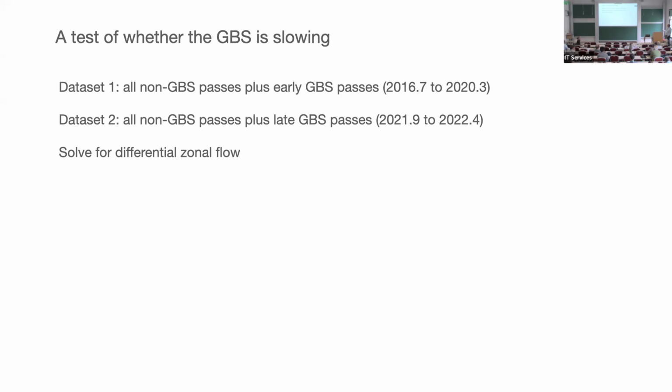One, which is essentially the same as what I already showed you, where we solve for the flux velocity using the first 32 passes. And then in the second solution, I'm going to drop out the early Great Blue Spot passes and only use the later Great Blue Spot passes. We're using all the other passes on other parts of the planet, but here we're using early ones, and here we're using late ones only, and solve again for the differential flow.